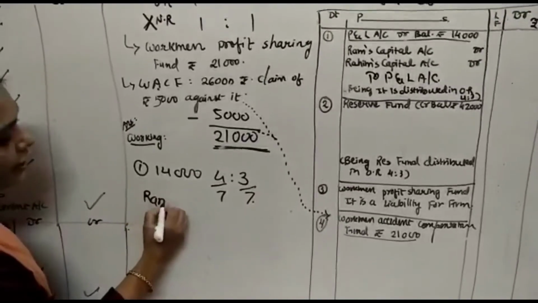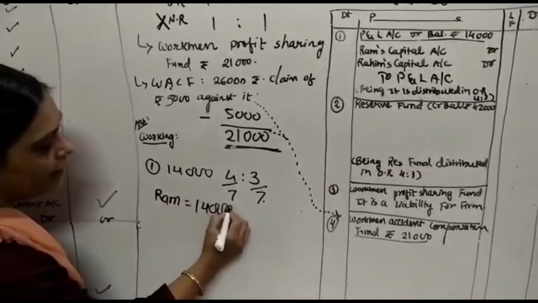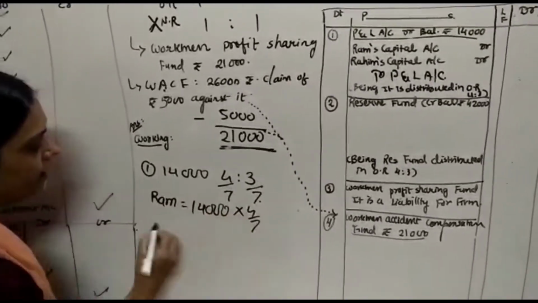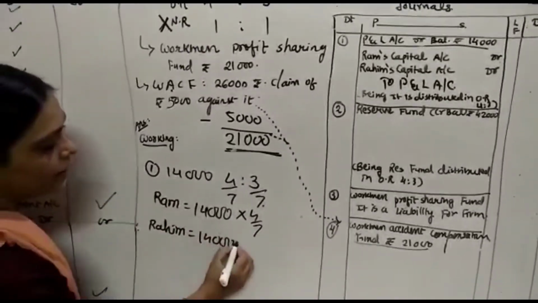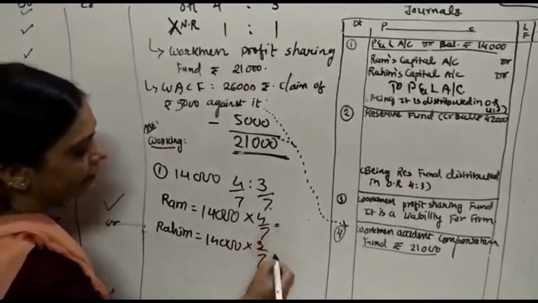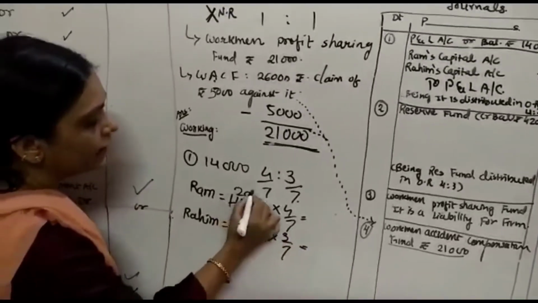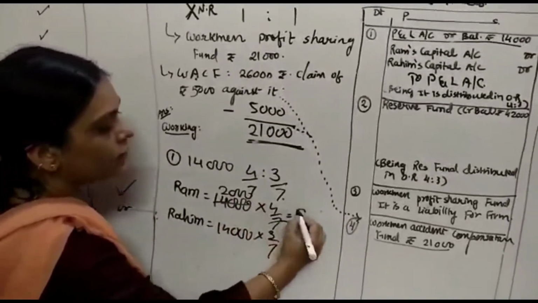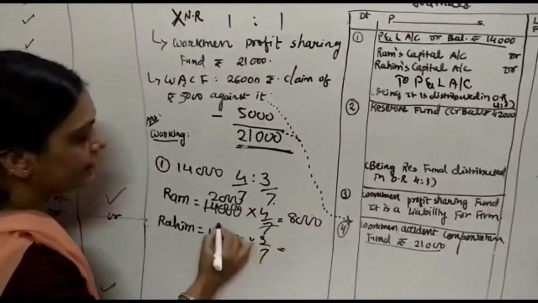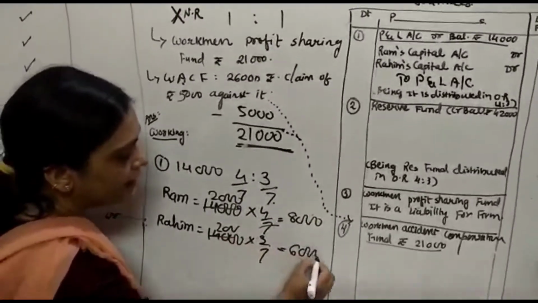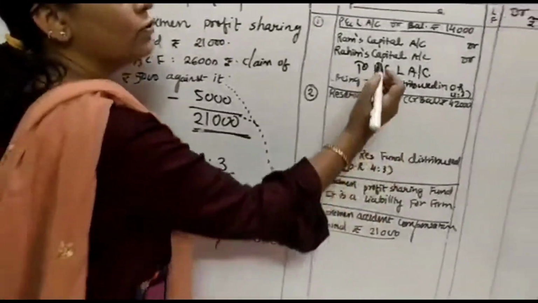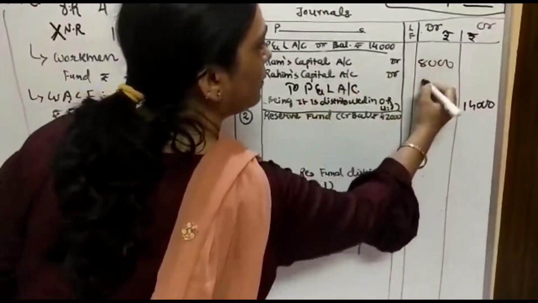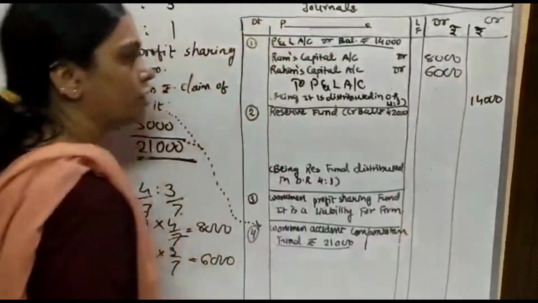So Ram's share is 14,000 into 4 by 7, then Rahim's share is 14,000 into 3 by 7. So 4 sevens are 8,000, and 3 sevens are 6,000. So 8,000 and 6,000 I am going to write. You can see how I have distributed.